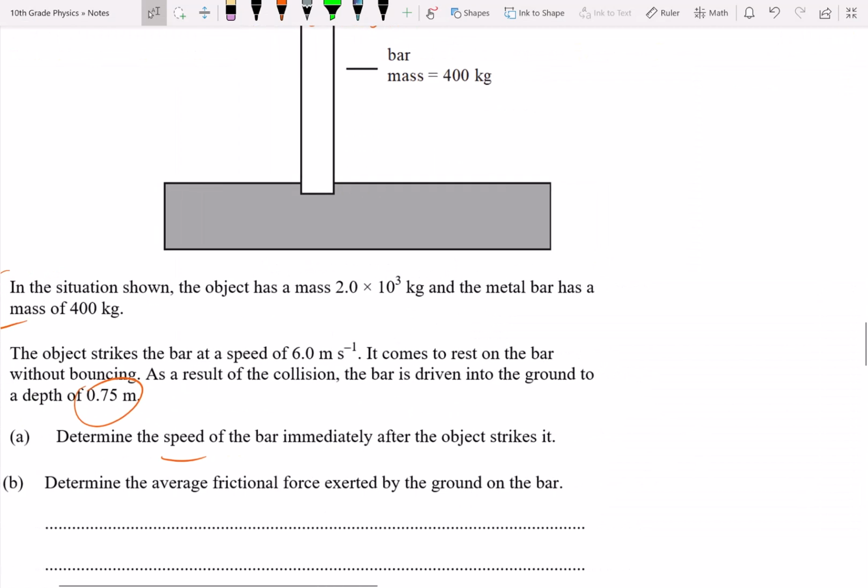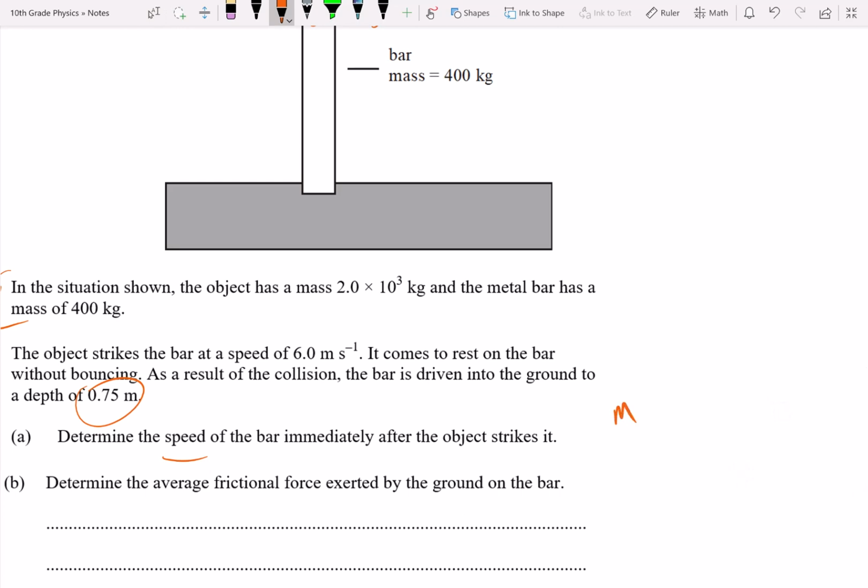Because they stick together, it's an inelastic collision. It's not conservation of energy, it's conservation of momentum. The conservation of momentum says the momentum before... So remember, momentum is mass times velocity.